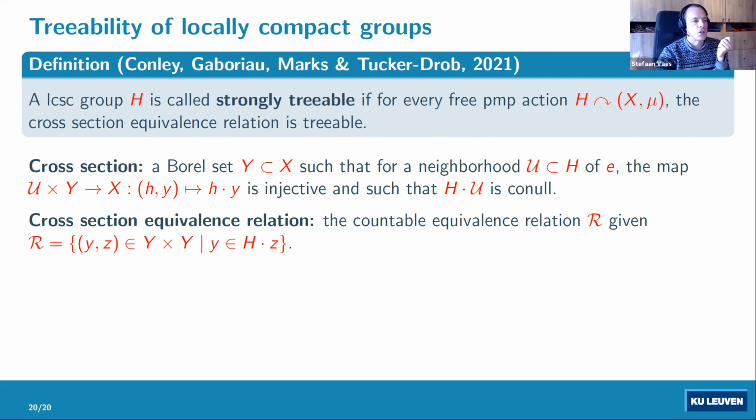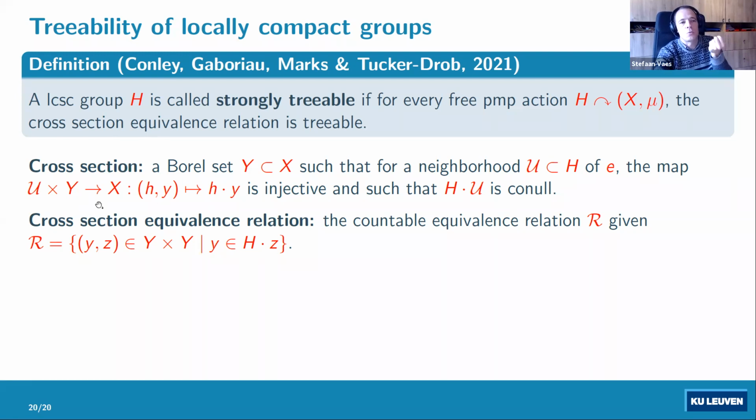Now, what is such a cross-section equivalence relation? I would like to look at the orbit equivalence relation, but I want equivalence relations with countable equivalence classes. So I have to do a little bit of measure theoretic magic. What is a cross-section? A cross-section is a Borel set Y with the property that there is a neighborhood U of the identity in my locally compact group, such that when I restrict the action to that neighborhood and to my Borel set, this map becomes injective.